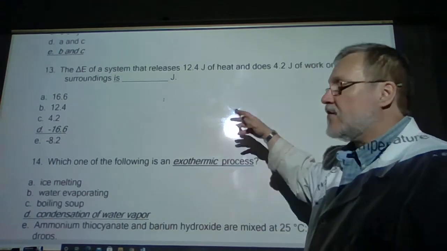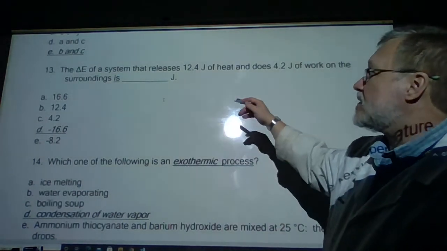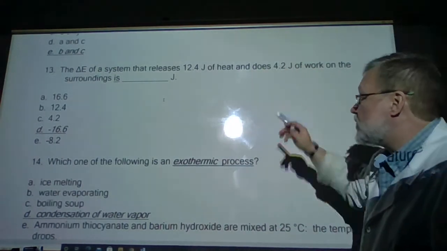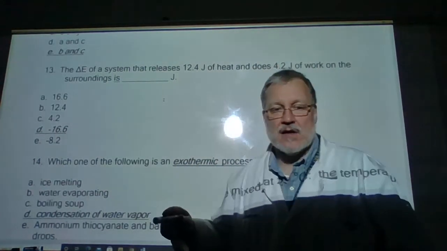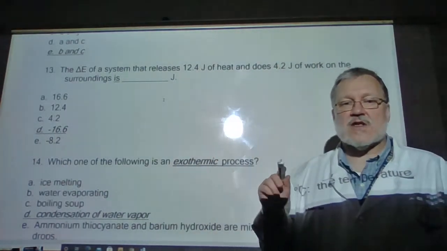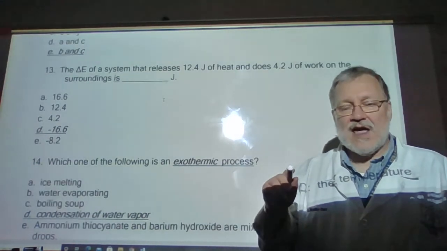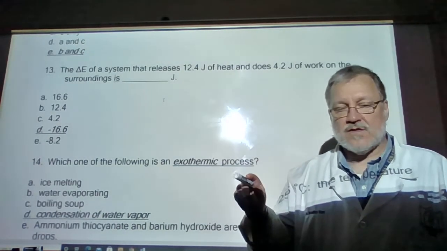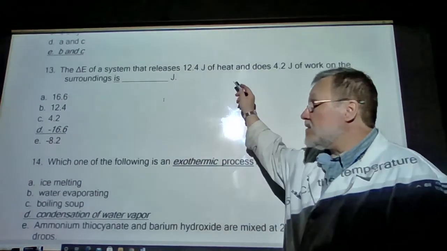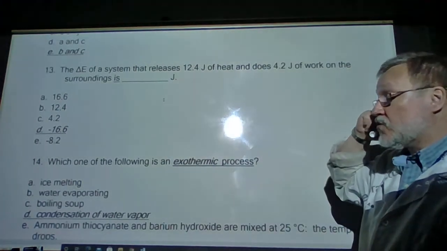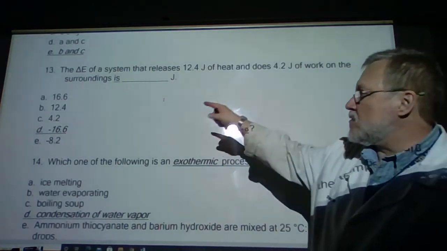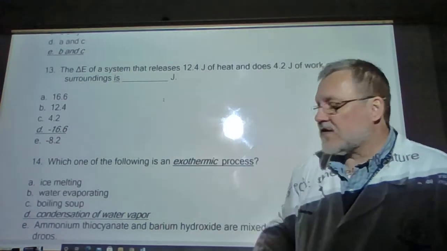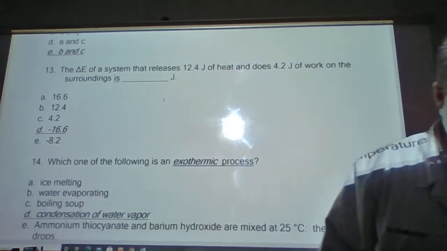So the total amount of energy that the system lost is 12.4 plus 4.2, or minus 16.6. Again, the negative is looked at as energy lost. So since it's releasing 12.4 joules of energy and it's doing 4.2 joules of work, the energy is looked at as lost, so it's negative 16.6.